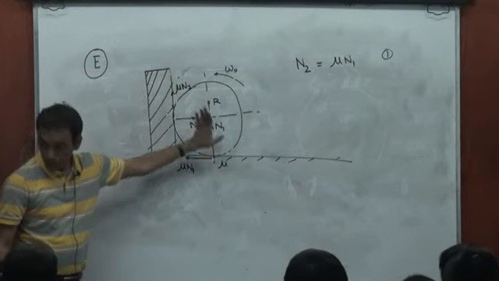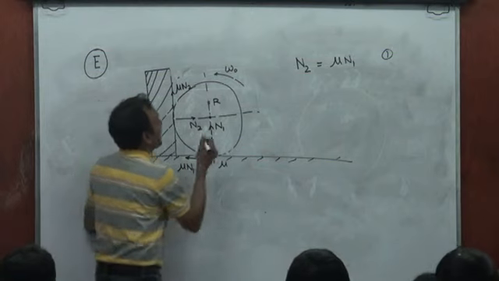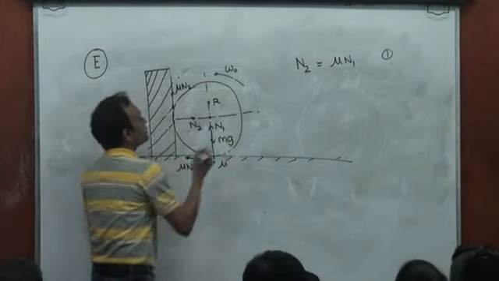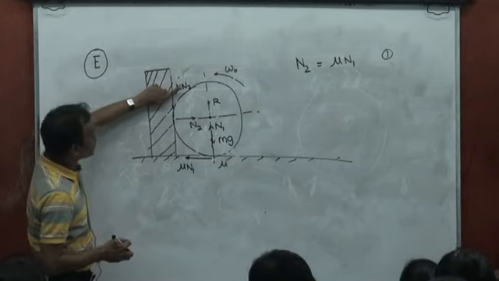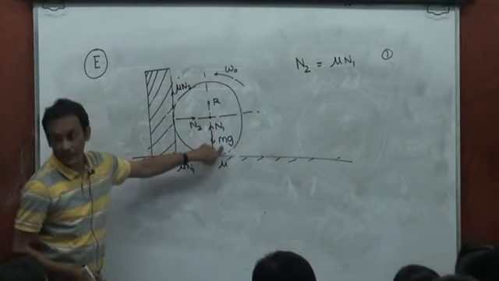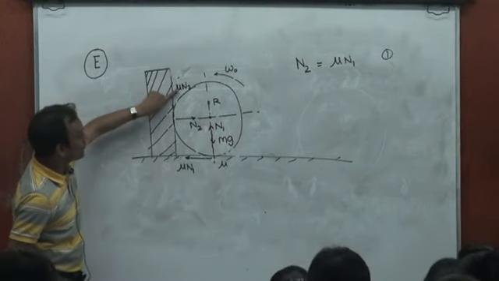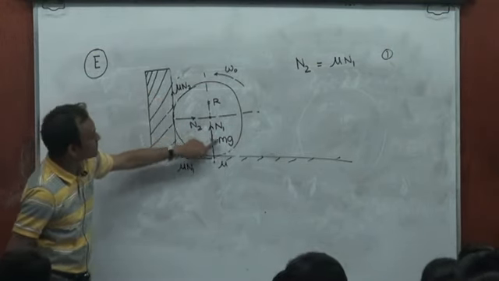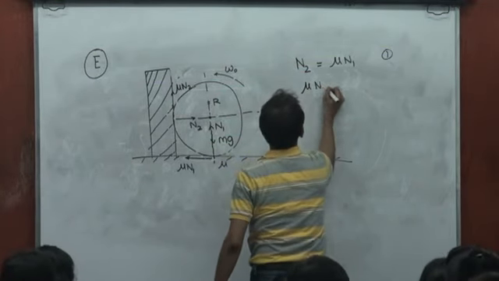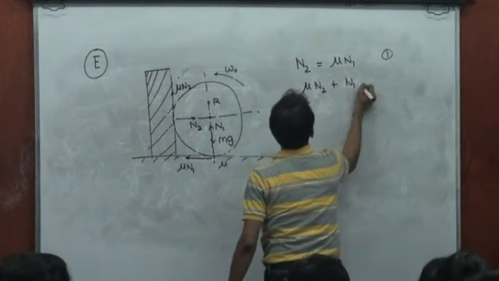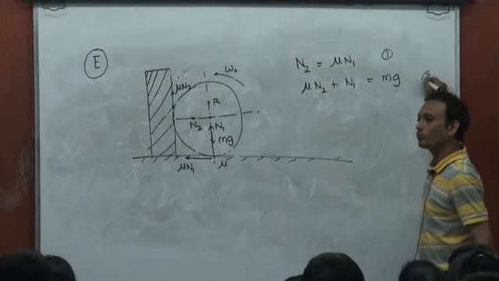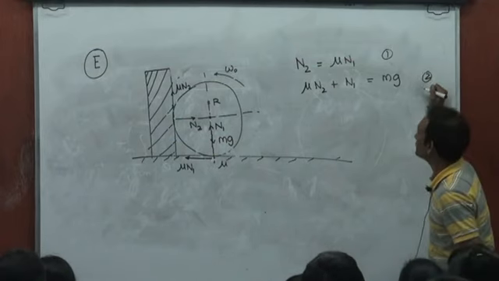I'm sorry, there is also mg acting downwards. So mu N2 plus N1 must equal mg.